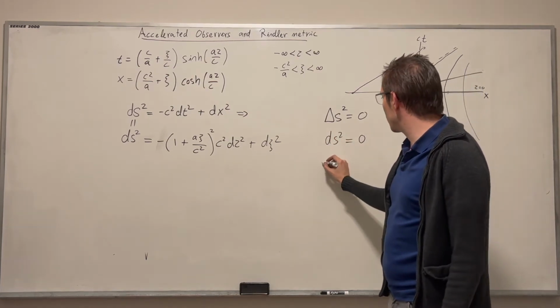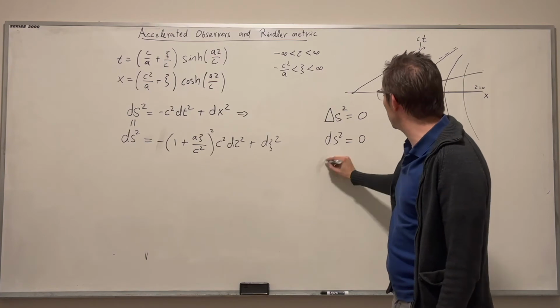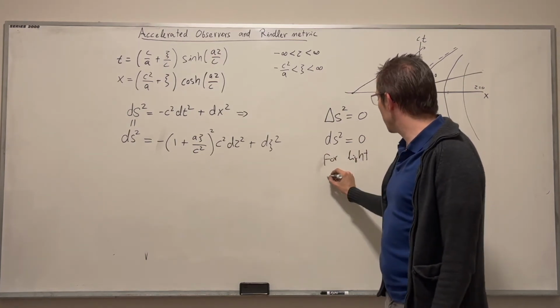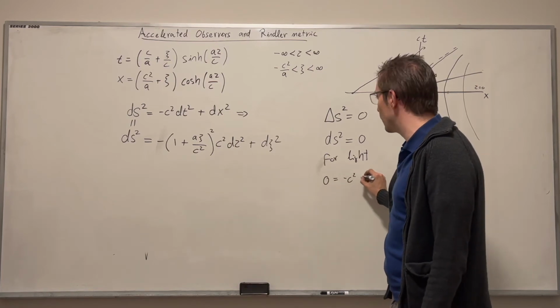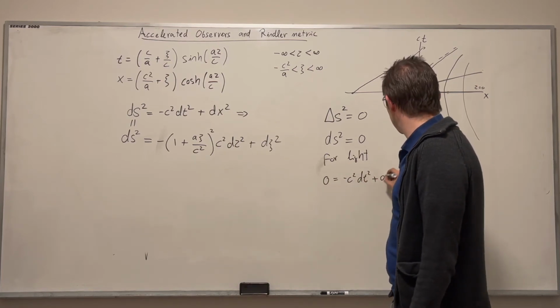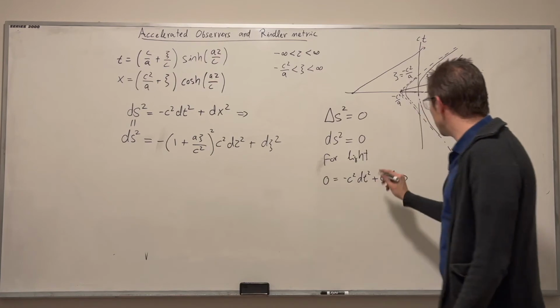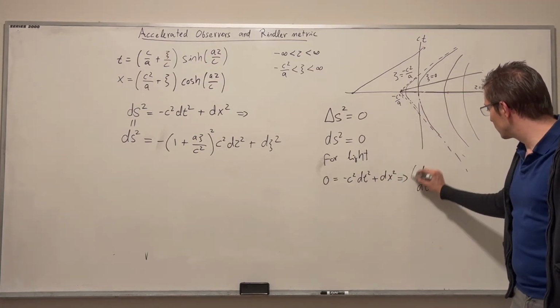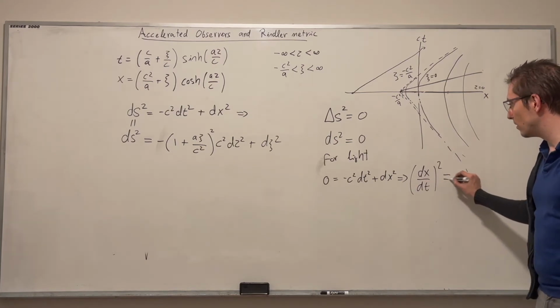All right, so I can write 0 for light. Let me just write it here. For light, I write that 0 is equal to minus c squared dt squared plus dx squared. Oh, but that means that dx squared over dt squared is equal to c squared.